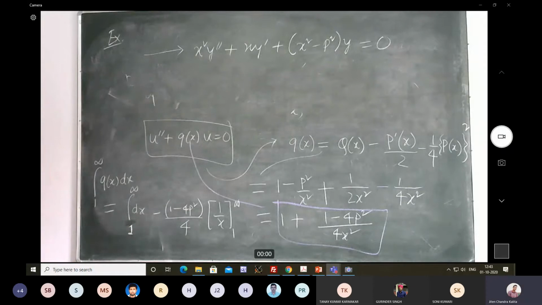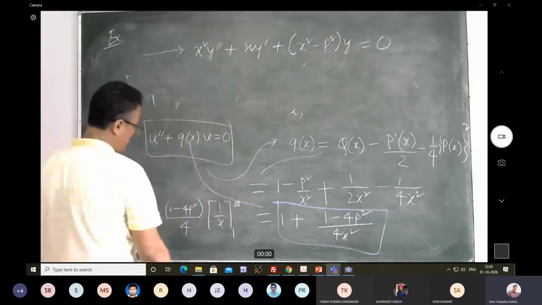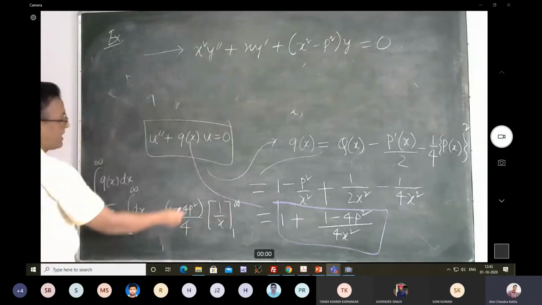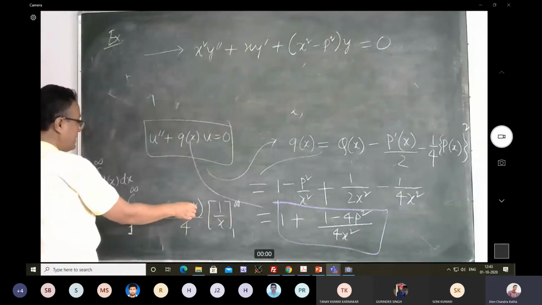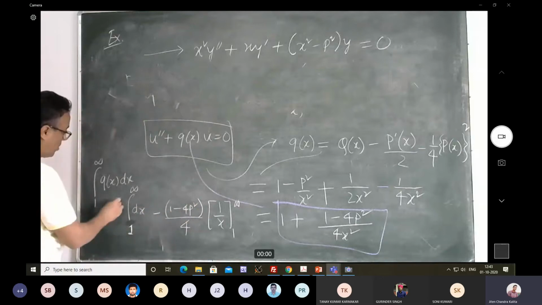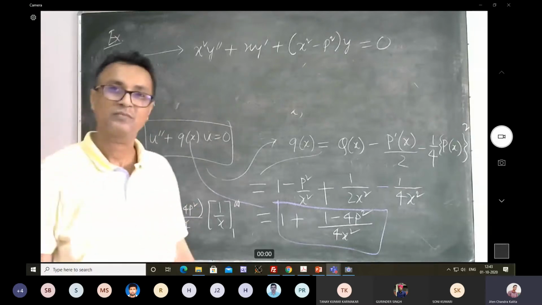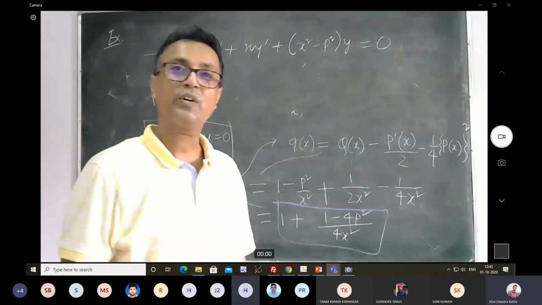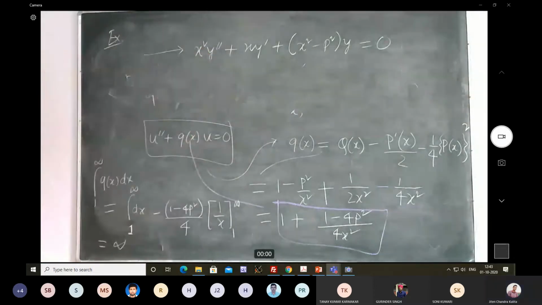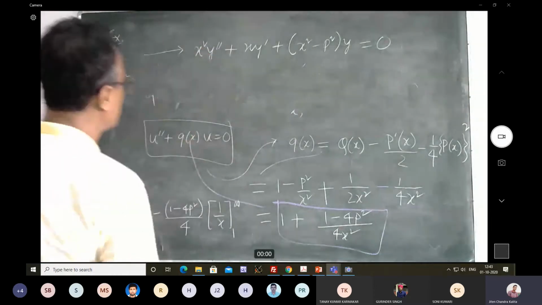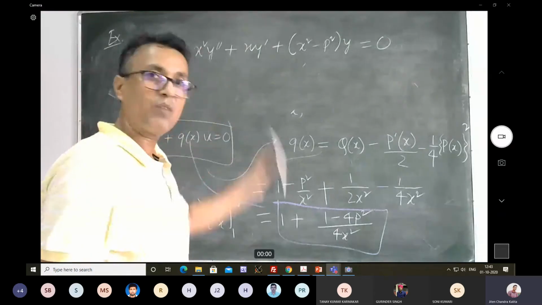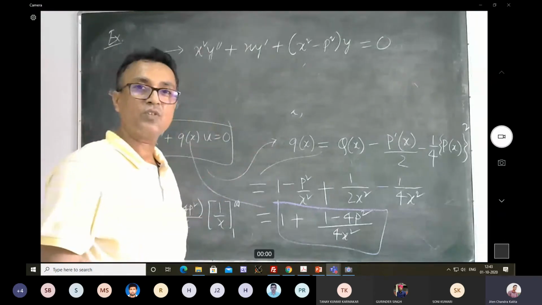Okay, fine. Is it okay? So obviously from here, for a finite value of p, this is always going to give me infinity, isn't it? Yes, this is always going to give me infinity. So if I use that theorem C, then what is going to happen?